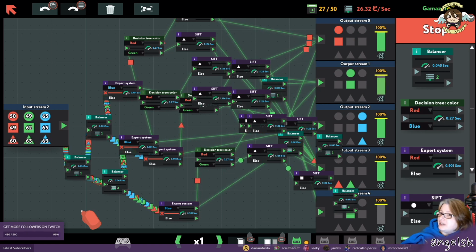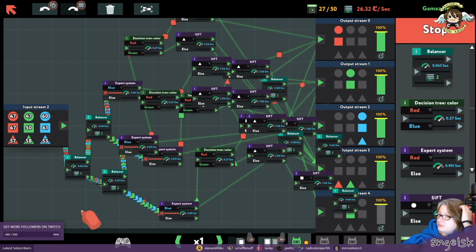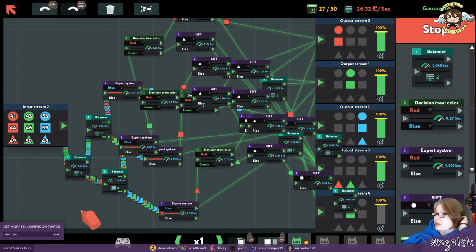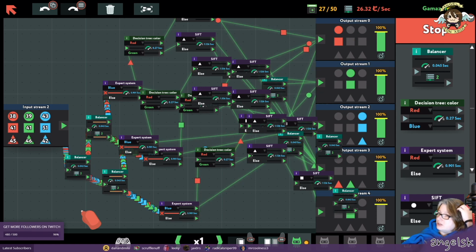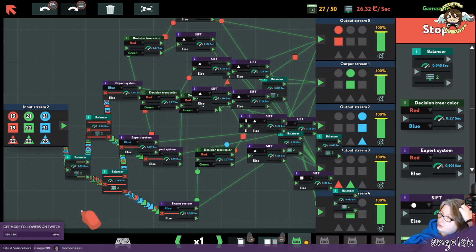What we ended up with is a real mess. And it costs 26 cents. No, we're getting stuck in the node still. The blue else at the start.